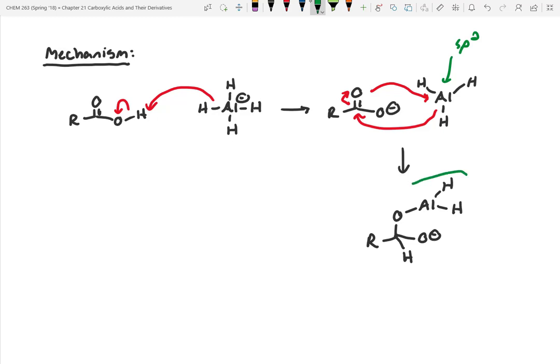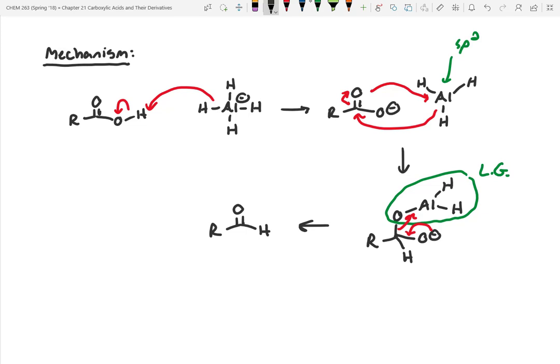During this step, this actually acts as a good leaving group, this entire functionality. So you can clamp down and kick this off. And you actually go through an aldehyde intermediate when this happens.